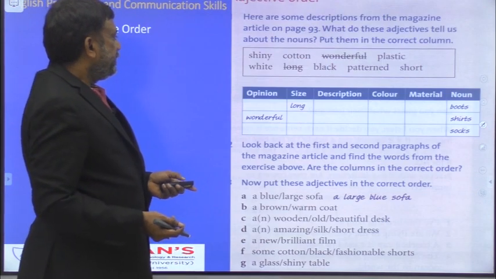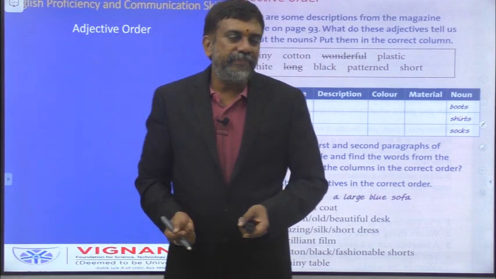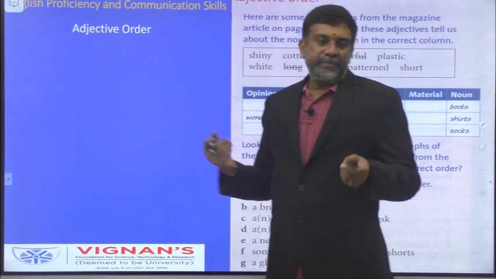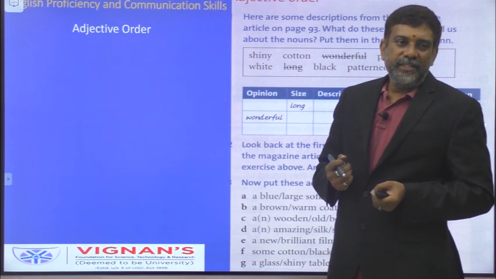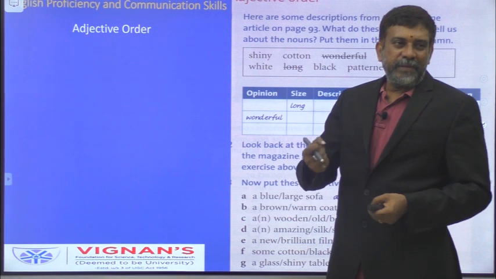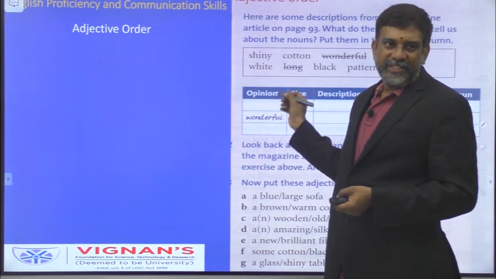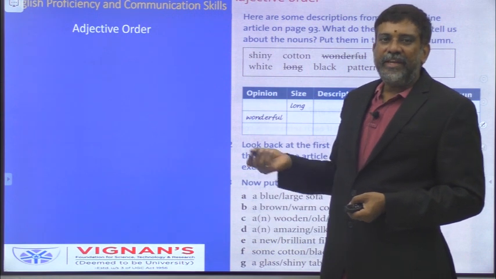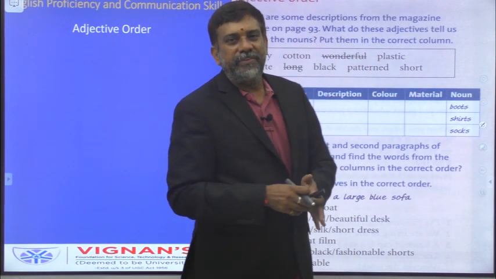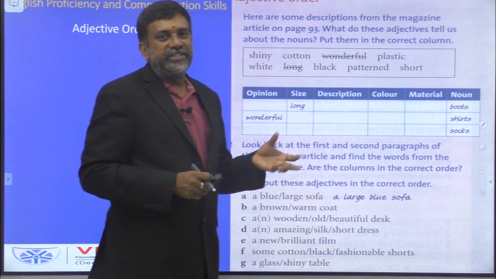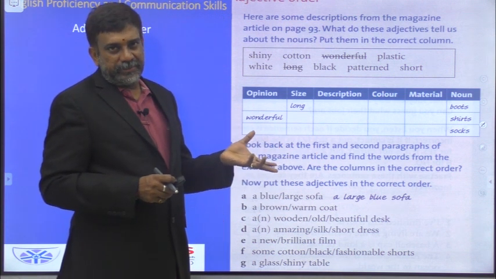Okay. Now, we had seen different adjectives, especially in the newspaper article. Do you remember the plastic boots were described with 4 different adjectives? So what we did at that time, we observed that adjectives are used in a cluster.